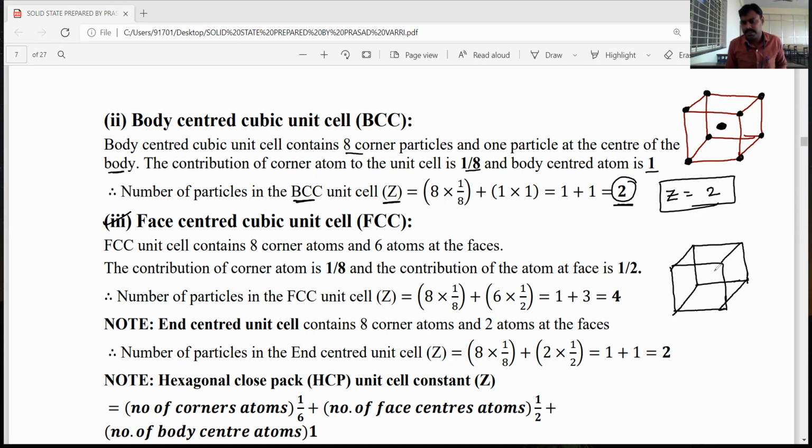There are 8 corners and 6 faces. The corner contribution is 1 by 8 and the face center contribution is 1 by 2. So 8 into 1 by 8 is 1, 6 into 1 by 2 is 3, and 1 plus 3 is 4. The unit cell constant Z is 4.